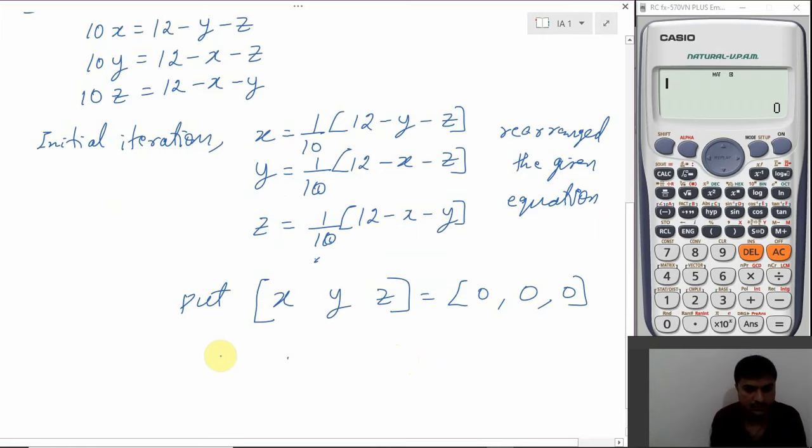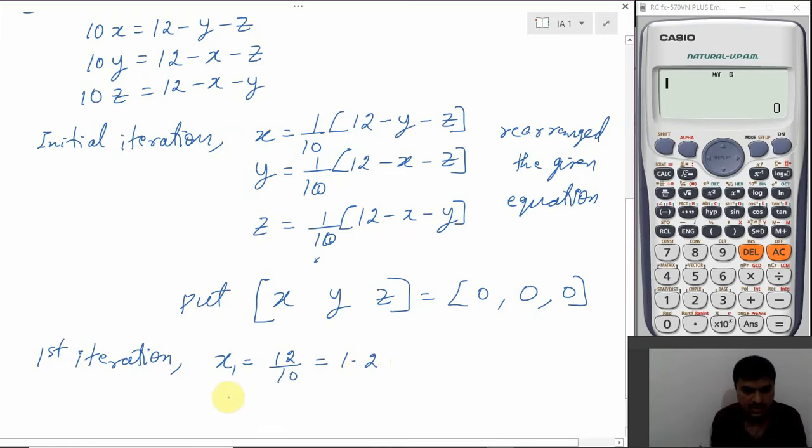Easily you will get x equal to x1, the first iteration. Yes, please remember this is the first iteration. What I will get here, students, x1 is equal to 12 upon 10, it is 1.2. Easily you should get the answer.